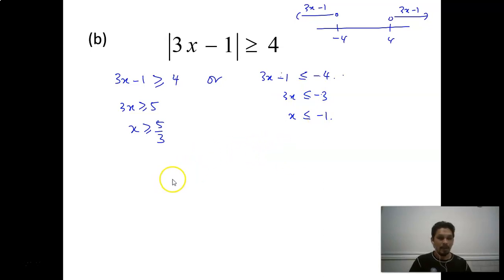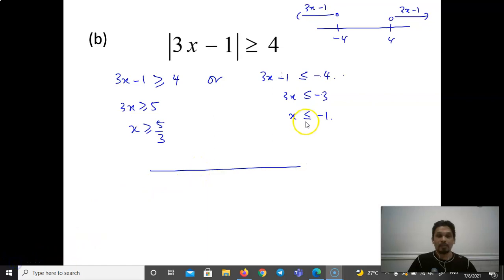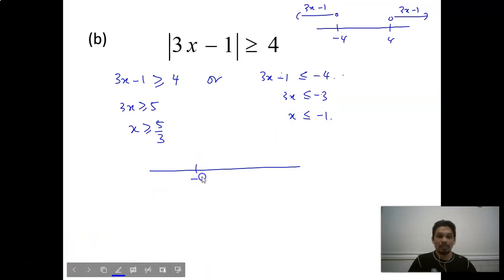So x less than or equal to negative 1, and x greater than or equal to 5 over 3.